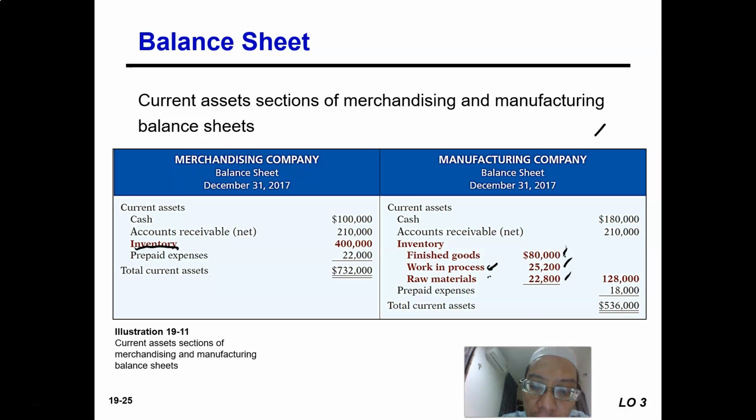So those remaining items that are not sold will be the inventory of finished goods. This is the difference between the manufacturing company and the merchandising company in terms of their inventory: one inventory is split into three types. And that concludes our lecture on manufacturing operations.